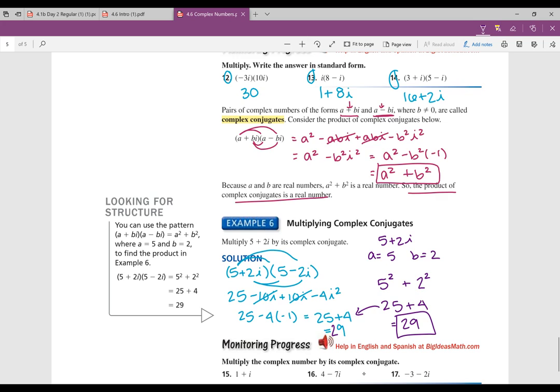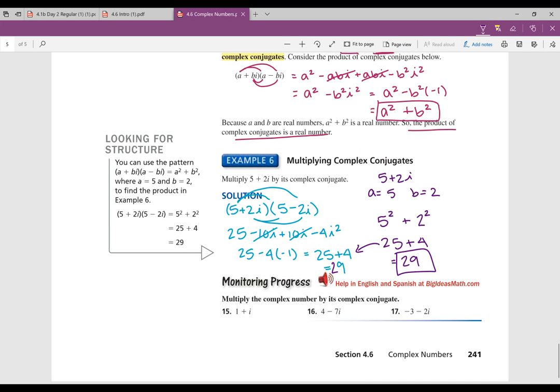Okay, and that's the answer for multiplying the complex conjugate. Again, pause your video and try these monitoring progress questions, and then I'll give you the answers. Okay, so you should have gotten 2, 65, and 13. And that's all we have for 4.6.